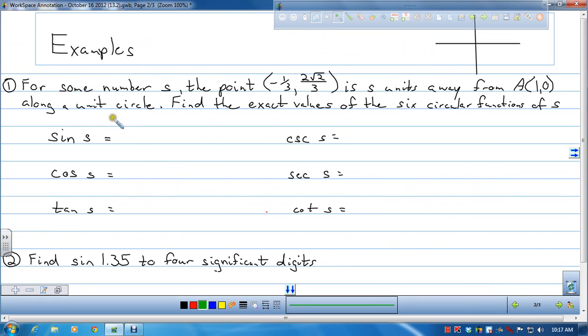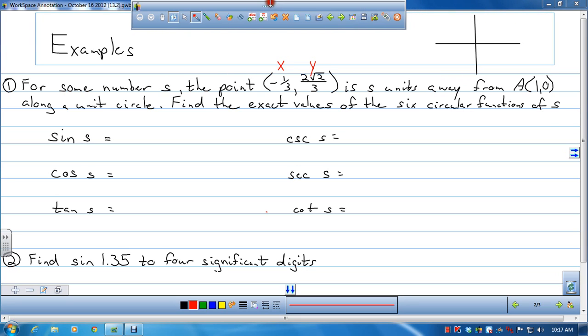Okay. So for some number s, we've got a point -1/3 and 2 root 2 over 3. That is our x and y value, right? Our x and our y value. Okay. That is s units away from some point A, which is at 1, 0, along the unit circle. So let's sketch that out here real quick.